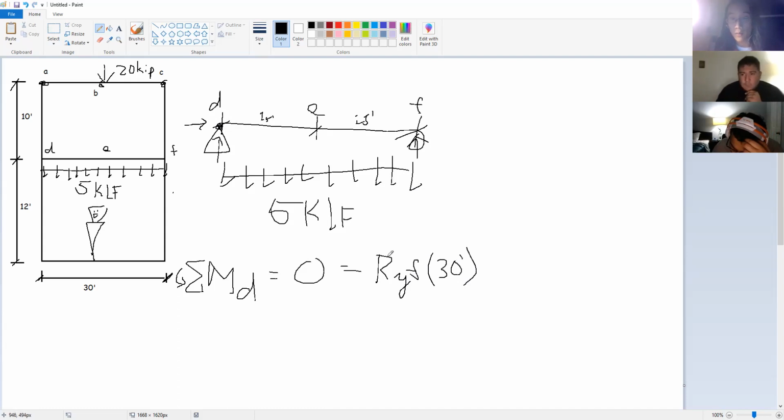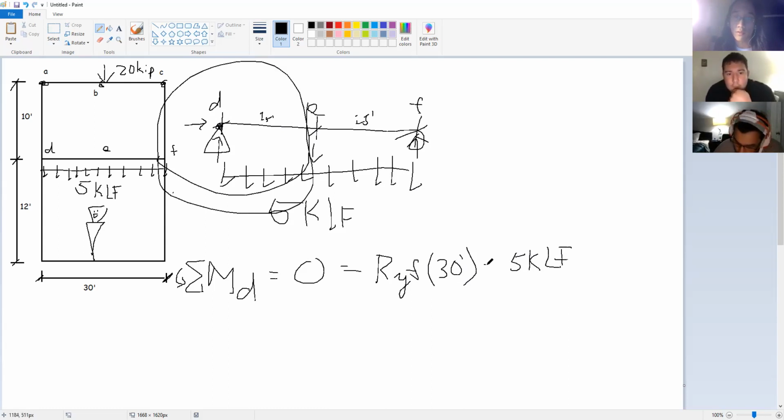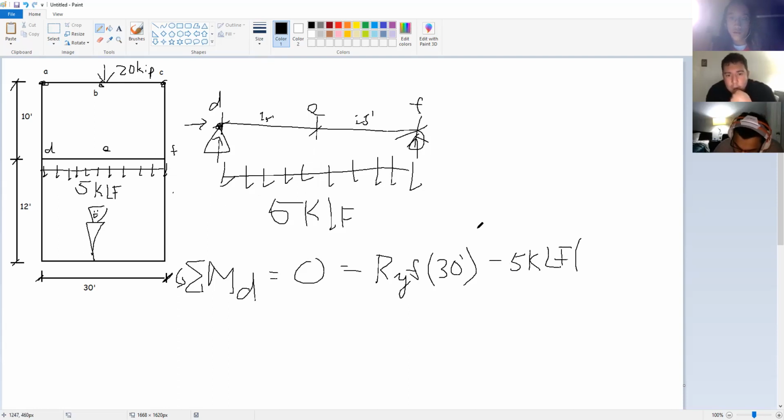So that's a moment, a force times the distance. Now we have this 5 KLF. It's going in the down direction, going clockwise around D, so that's going to be negative. It's spread across 30 feet, so 5 times 30 feet is your force. Now you need to multiply by distance.